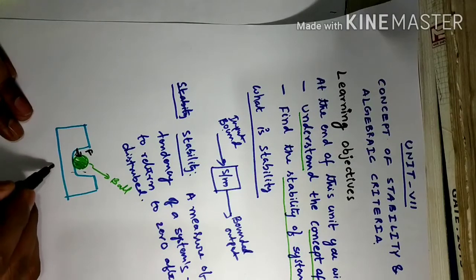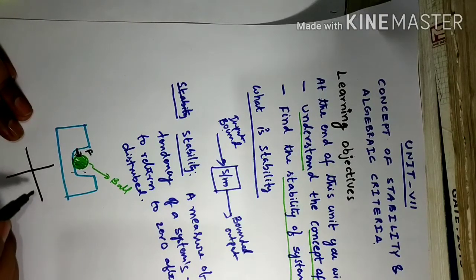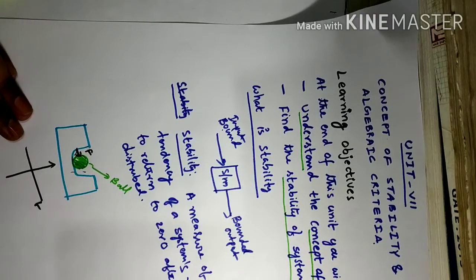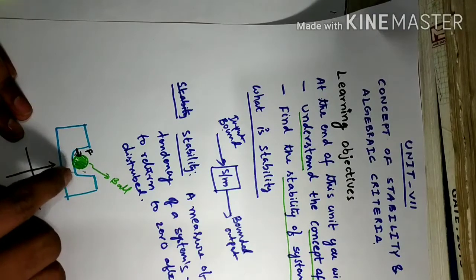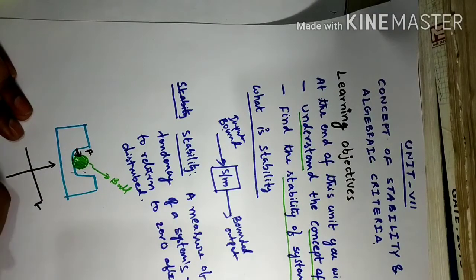If I draw the graph, this is time t. When you apply some force on the ball, it will oscillate like this and finally come to rest at the equilibrium position.